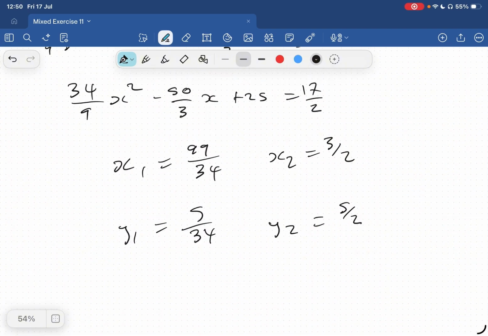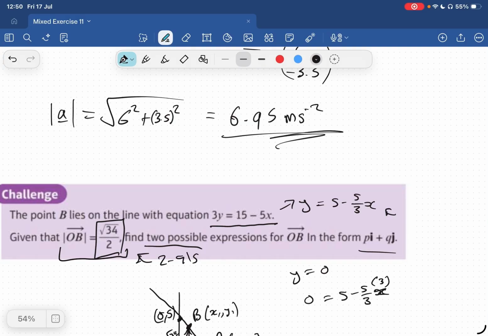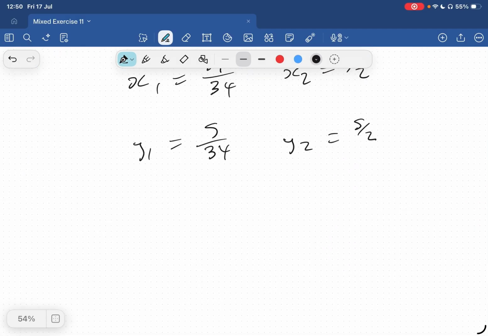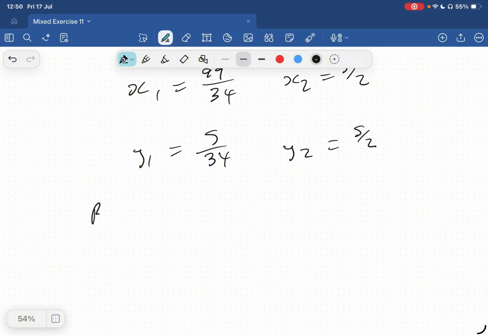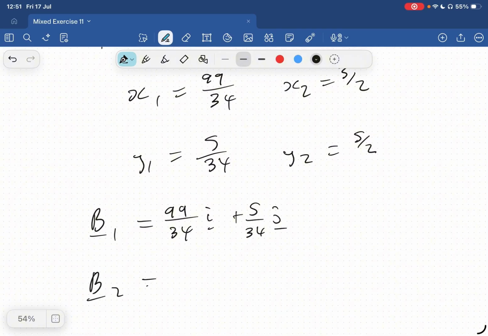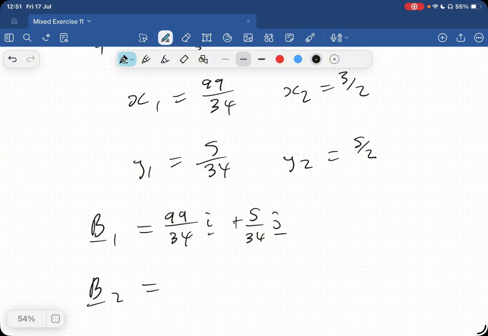Now we need to put it in i and j form, as the question asked. So vector B1 would be 99 over 34 i plus 5 over 34 j, and B2 would be 3 over 2 i plus 5 over 2 j.